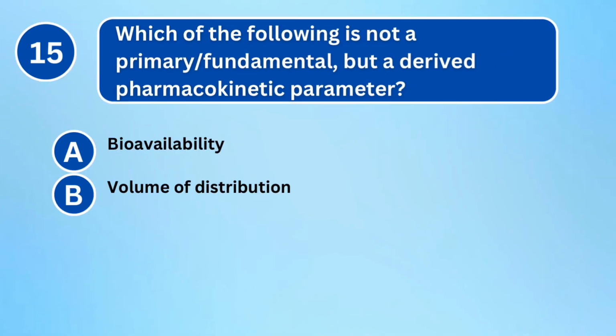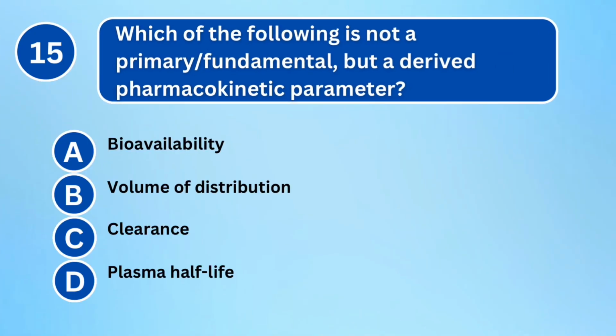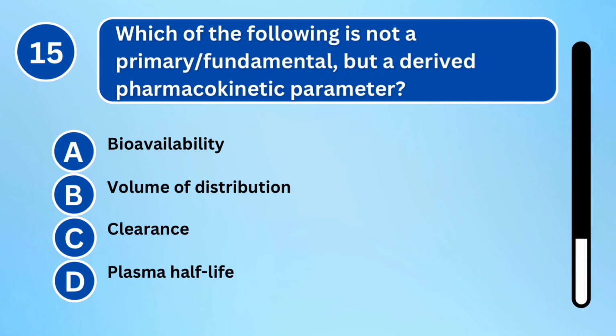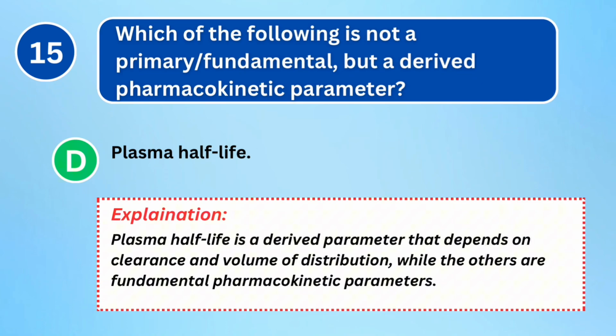Which of the following is not a primary/fundamental, but a derived pharmacokinetic parameter? A. Bioavailability, b. Volume of distribution, c. Clearance, d. Plasma half-life. Correct answer, d. Plasma half-life.